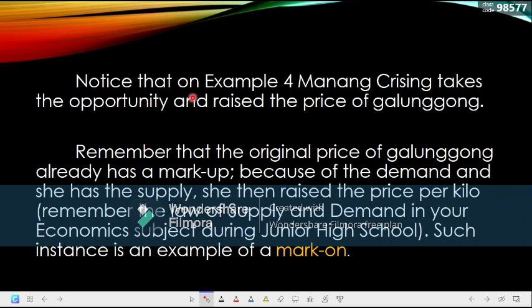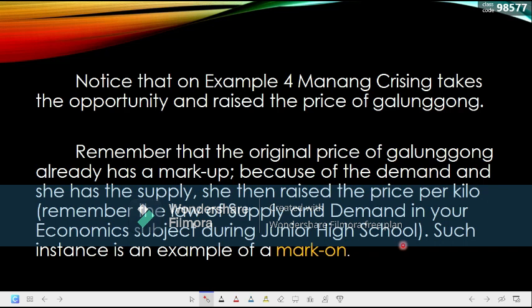Notice that in example 4, Manang Crising takes the opportunity and raised the price of galunggong. Remember that the original price of galunggong already has a markup. Because of the demand and she has the supply, she then raised the price per kilo. Remember the law of supply and demand in your economics subject during junior high school? When the supply decreases, the demand increases.